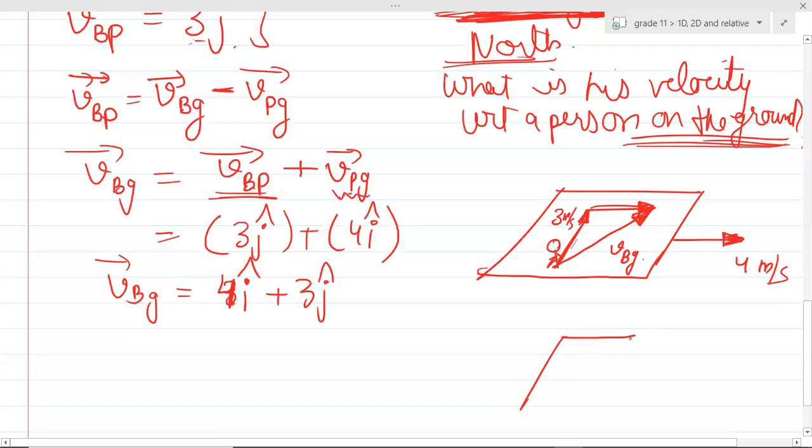Do you remember triangle law? Does anyone remember triangle law? What was the triangle law? When two vectors are arranged in head to tail assembly, then the sum of these two vectors will be equal to what? The resultant, the closing side of the triangle taken in opposite order. You should remember this. So can you see the velocity of B with respect to ground is basically this plus this. Is this clear?